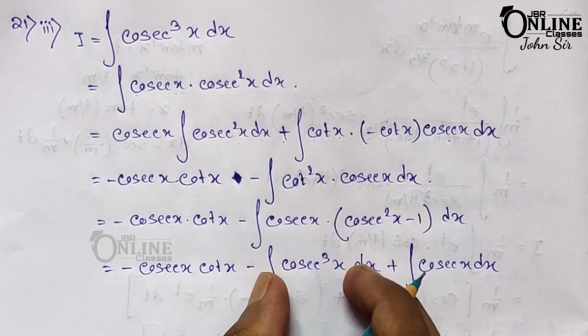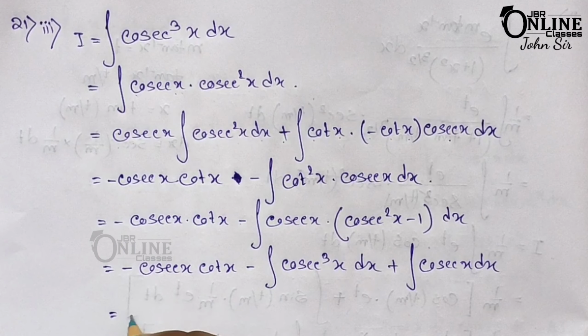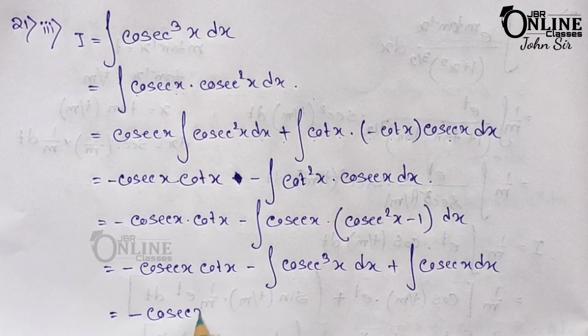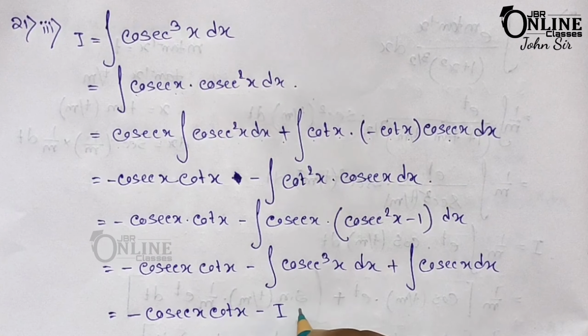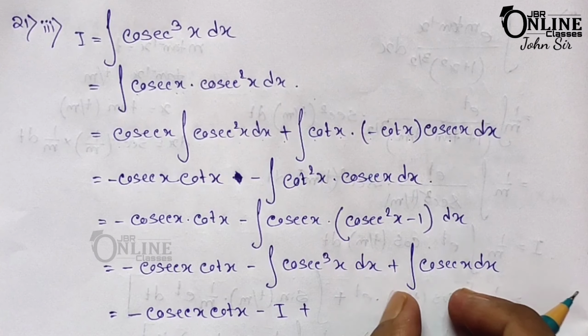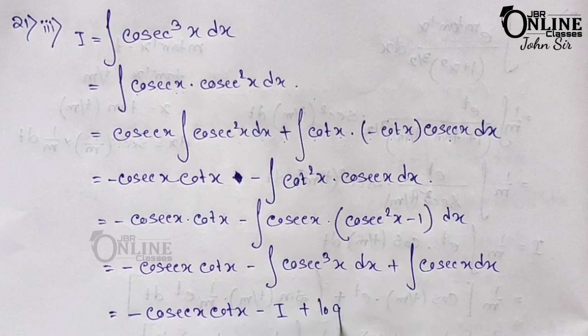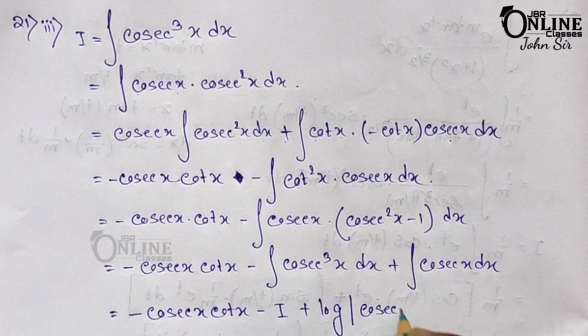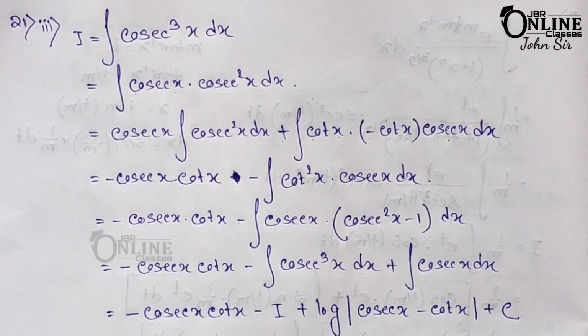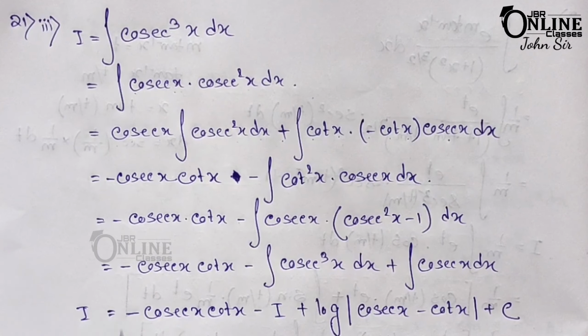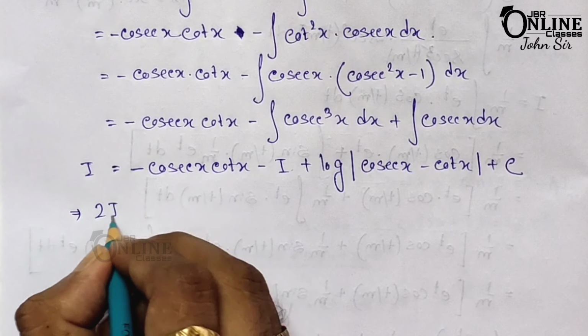So for this one you can write I. So here minus cosec x cot x minus I, and then integration cosec x dx will be log mod cosec x minus cot x plus c. So on the right hand side you have I, so I plus I will be 2I.